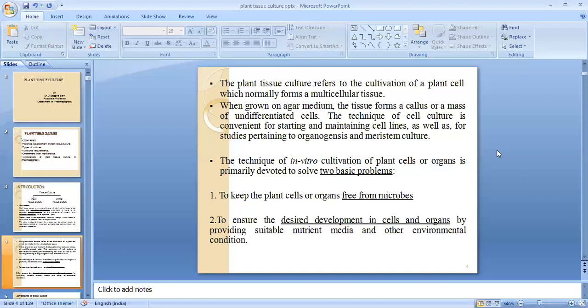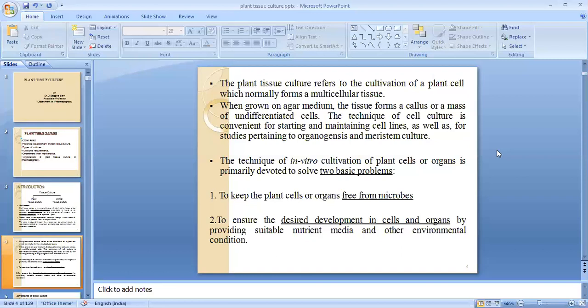Okay, and the next one is, when plant tissue culture is going on, what happens? First the cell has to be multiplied and then it has to be differentiated into particular organs. So at that time, for the growth as well as for the differentiation of the cells, you have to provide a suitable nutrient media. And apart from that, you are also required to produce the exact environmental conditions where it is going to grow naturally.